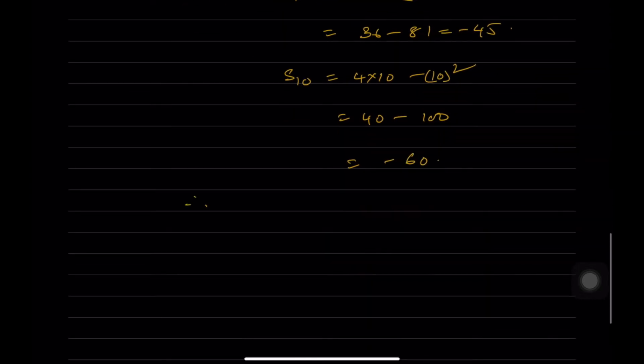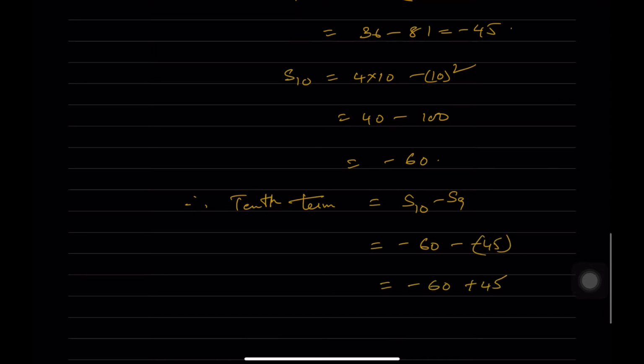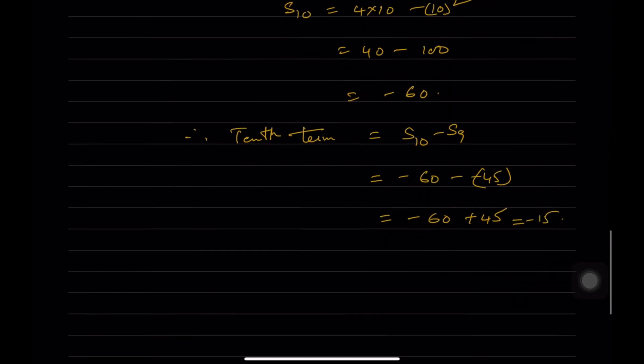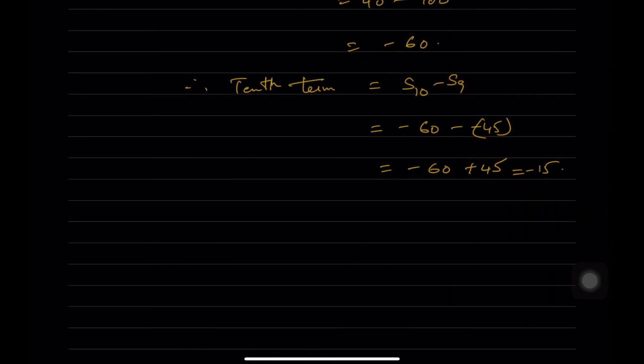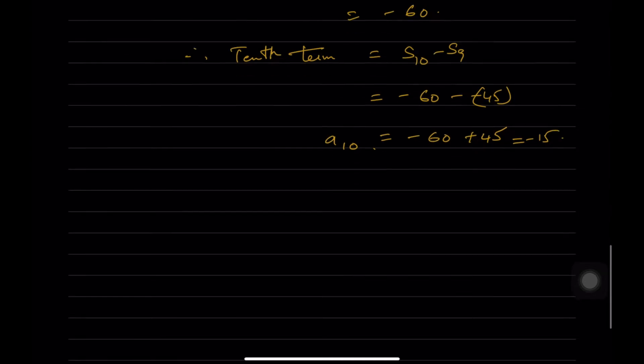So therefore 10th term is equal to S10 minus S9, which is equal to minus 60 minus of minus 45, which is equal to minus 60 plus 45, which is equal to minus 15. So this is the answer we got for 10th term. A10 is equal to minus 15.